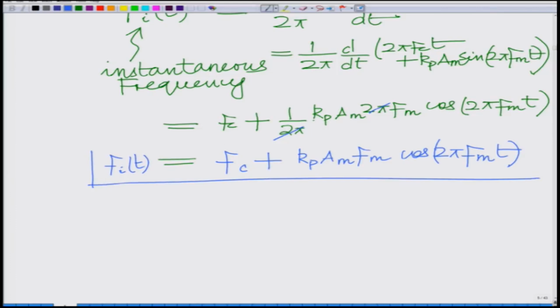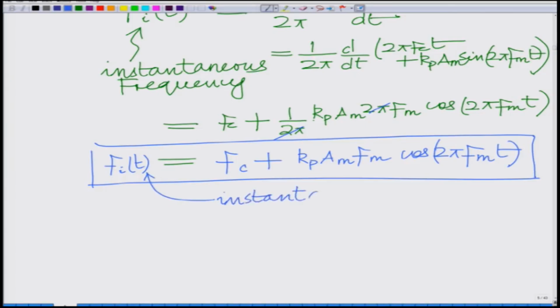This is your expression for the instantaneous frequency f_i(t) of this phase modulated signal, where the phase is modulated by the sinusoidal message signal A_m sin 2 pi f_m t.